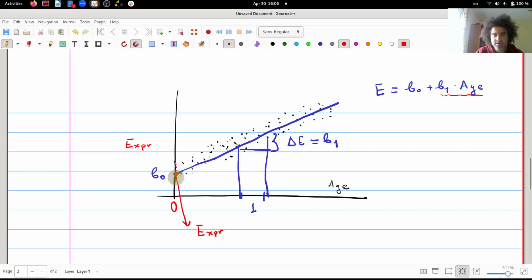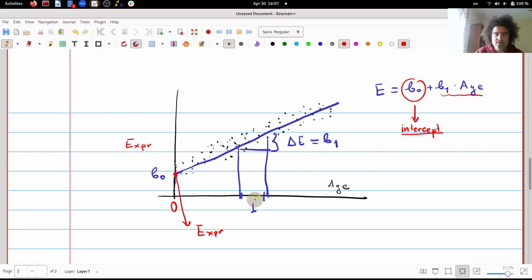So it might be like that, for example. So this is the average expression level of individuals being of age 0. This is our prediction, in other words. Okay, so this beta 0 is called an intercept, and it's our prediction for the expression level when the age is 0.